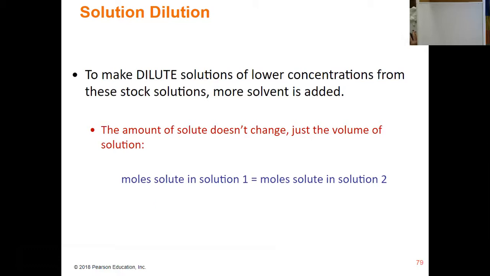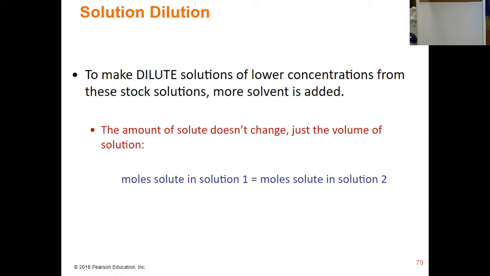When you have a stock solution, okay, and you're going to dilute it. Say that you have an aqueous solution of hydrochloric acid, okay, and it's a very concentrated solution, like 12 molar or something like that. So you have 12 moles of hydrochloric acid for every 1 liter of water.